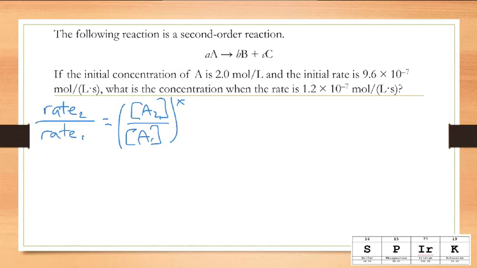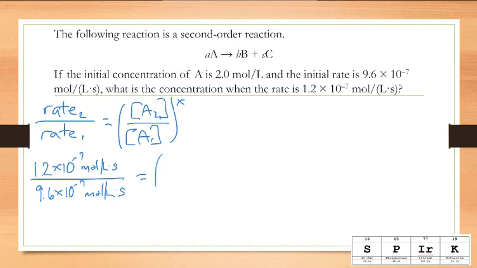When we start plugging in values, we know that rate 2 is 1.2 times 10 to the negative 7th mole per liter times seconds, divided by 9.6 times 10 to the negative 7th mole per liter times second.